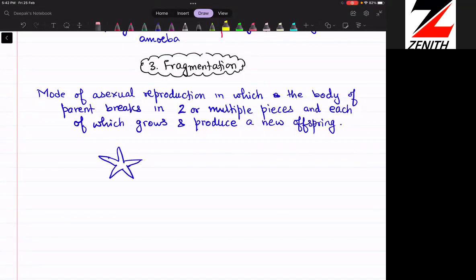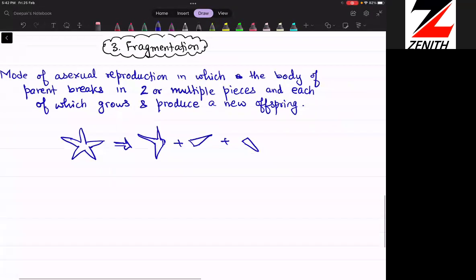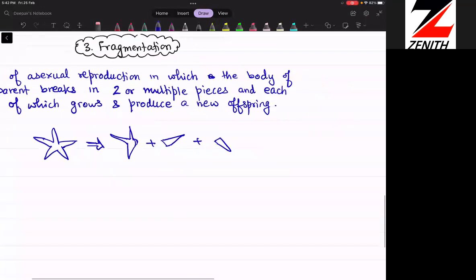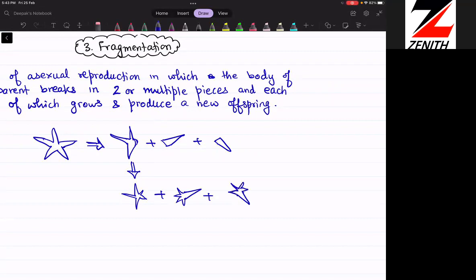Let's say this starfish has shed off 2 arms. Eventually the parent will start growing its new arms and these arms will start growing new bodies. And this will become your offspring.